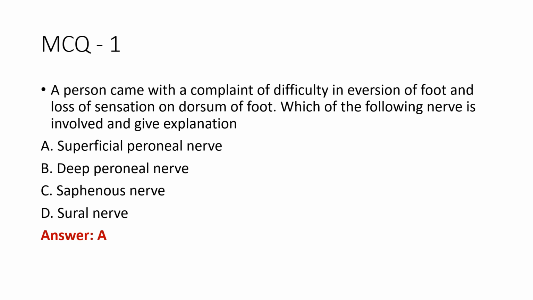And then there is loss of sensation on the dorsum of the foot. If you read about the innervation of the dorsum of the foot, the major component is by the superficial peroneal nerve. So there is difficulty in eversion and loss of sensation on the dorsum of the foot. If you combine these two, the right answer is the superficial peroneal nerve. Hope it is clear to you about this question.